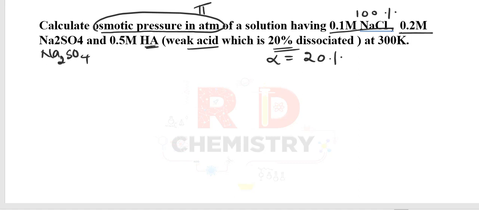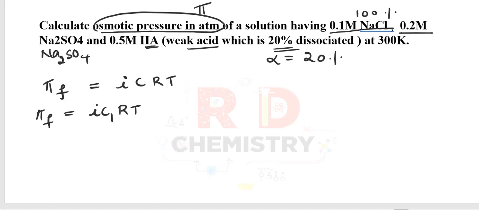Now we have to calculate osmotic pressure of the final solution, which is equal to i into C into R into T. But there is more than one solute mixed here. It's a mixture of solutions now. There are different types of electrolytes: sodium chloride, sodium sulfate and the weak acid. So therefore pi f is equal to, first one, i into C1 into R into T, this is for the sodium chloride.